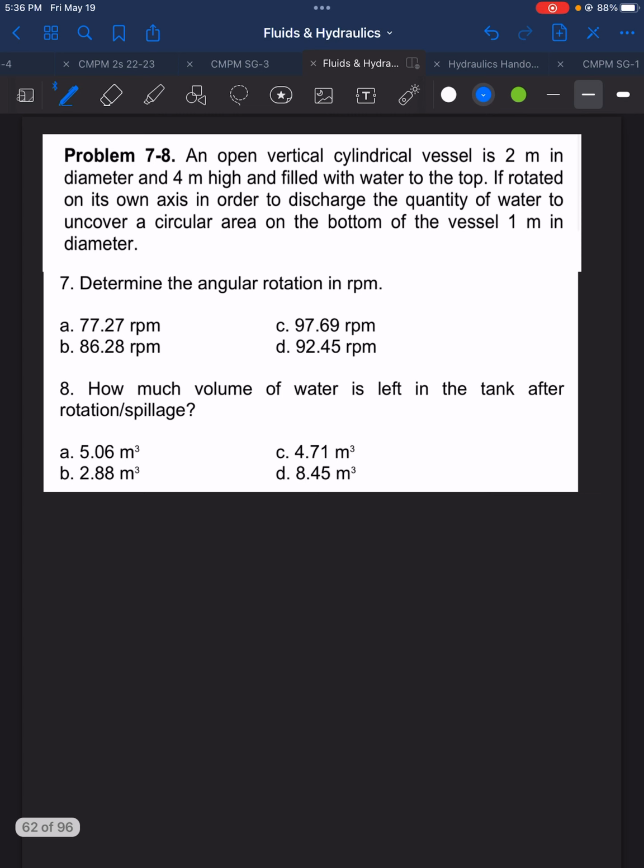So how does it look like? We have a cylindrical vessel, open, so it's open because we're talking about spillage, therefore we can say that the vessel is open. Okay, so we have here the cylindrical vessel.